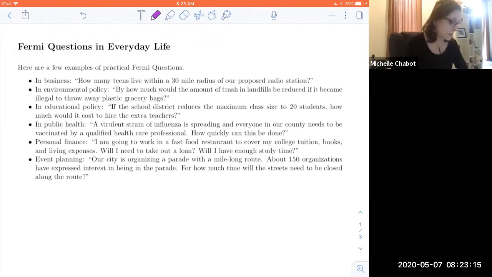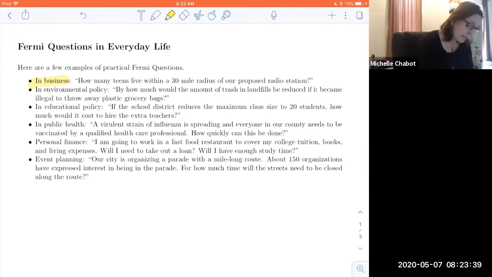So here's some examples that I've found. For example, in business, how many teens live within a 30-mile radius of our proposed radio station, right? So maybe you care about that in terms of marketing. Maybe you have to figure out whether or not that's the population that your radio station is going to cater to or not.